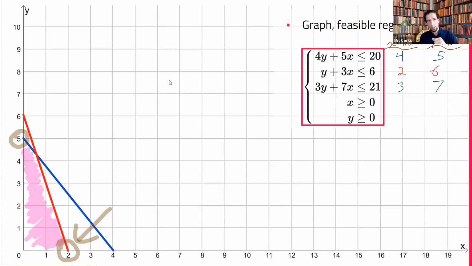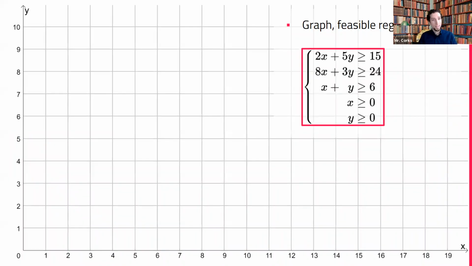Let's look at another example that will be a typical minimization problem. And we'll see an actual full minimization problem in our next class, next week. So our X and Y intercepts, let's figure out those for each of these, X and Y. And we'll switch colors here.